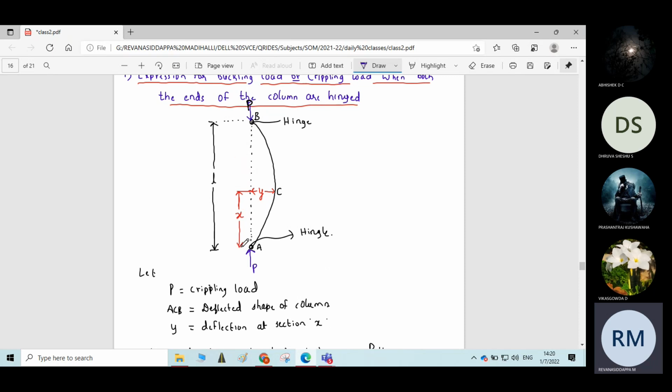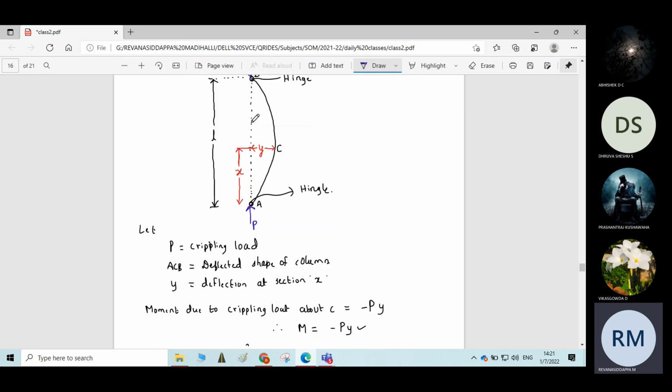Similarly, when x becomes equal to L, what about the y again? There also the deflection y is 0. So these two conditions are called boundary conditions. The first boundary condition is when x equals 0, y is also equal to 0.